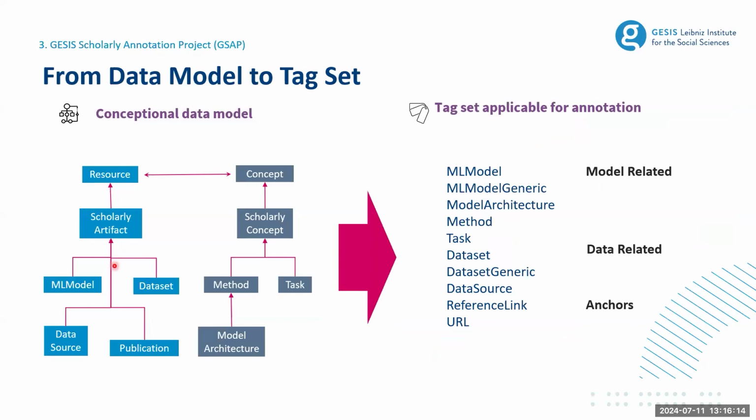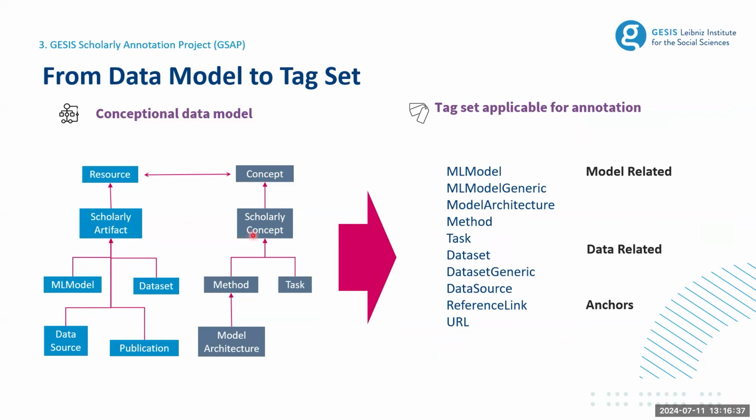To come to a tag set which is able to model our domain appropriately, we start from a conceptual data model, differentiating between resources and concepts on the other hand. So in our use case, scholarly artifacts like machine learning models, datasets, data sources, and publications.